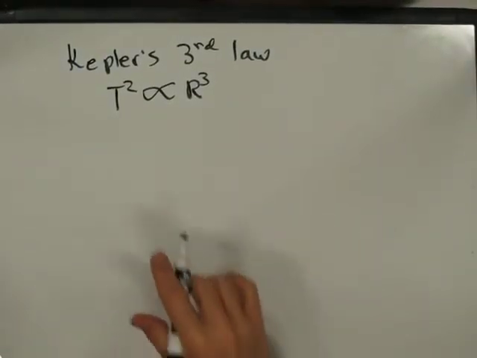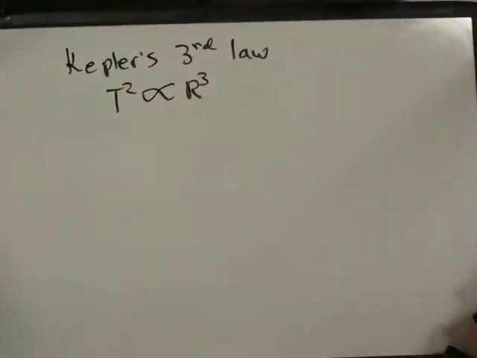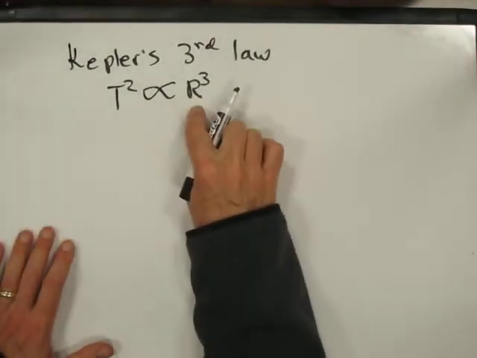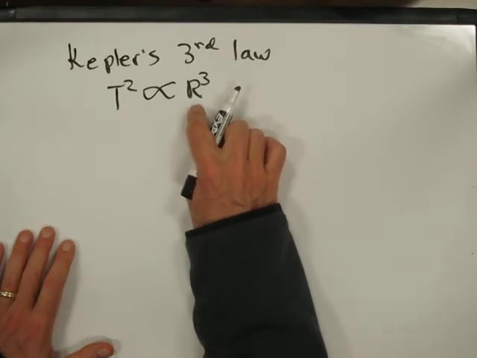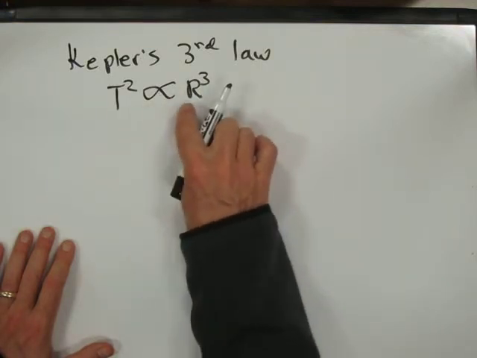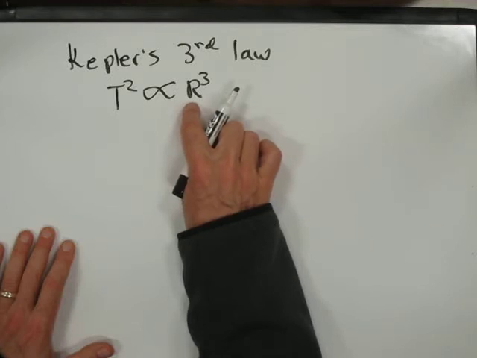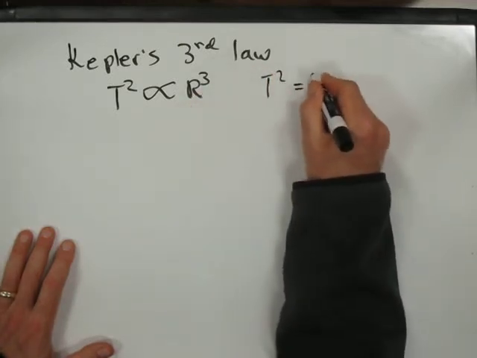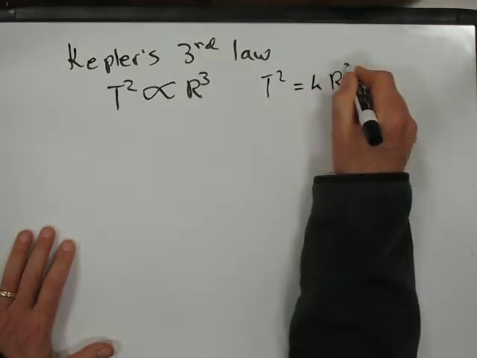So we're going to talk just for a second about Kepler's third law, which says that the square of the period is proportional to the cube of the semi-major axis. Kepler is talking about ellipses, but the semi-major axis for a circular orbit is just the radius of the circle. And so Kepler said that the square of the period is proportional to the cube of the radius, or the period squared is equal to some constant times the radius cubed.